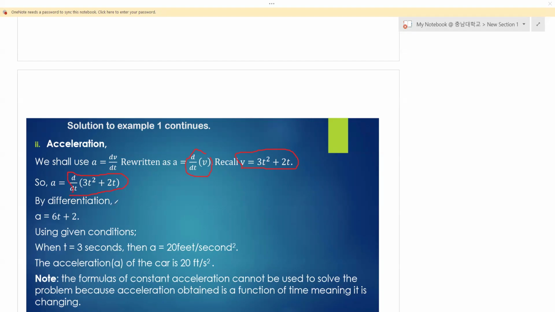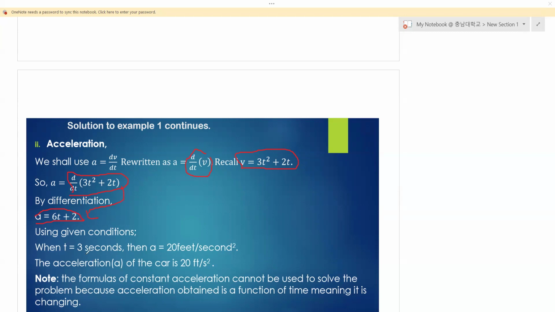So by differentiation, we shall have our acceleration right here, given by 6t. When you differentiate this equation, you are going to get that, so we shall have 6t plus 2.